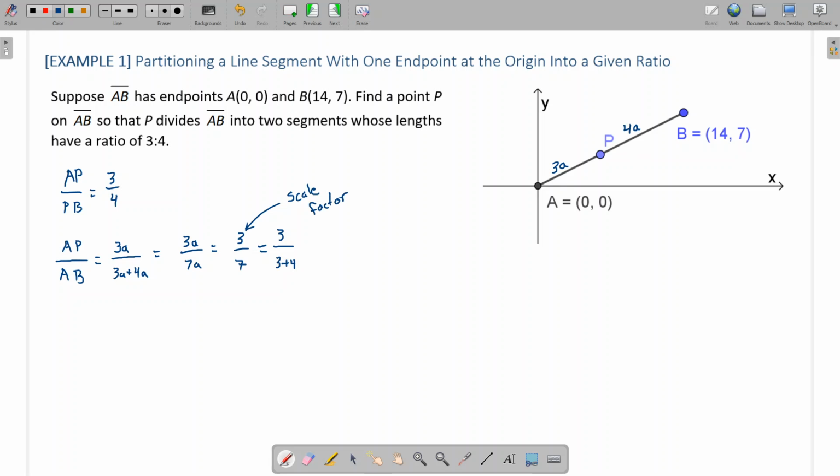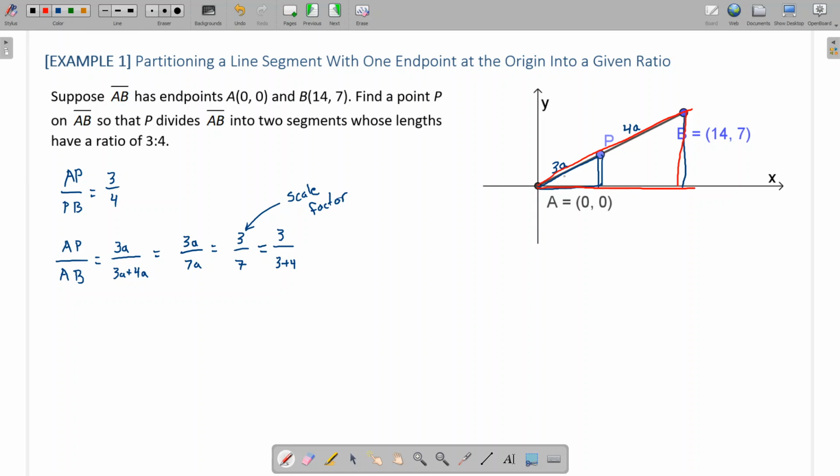Where is that scale factor coming from? The way to see this is if we drop down vertical segments from these two points, you would see that we have two triangles here: a small triangle and a large triangle. We know that those two triangles are similar to each other because the vertical lines I drew are parallel to each other, which ensures that they are similar.